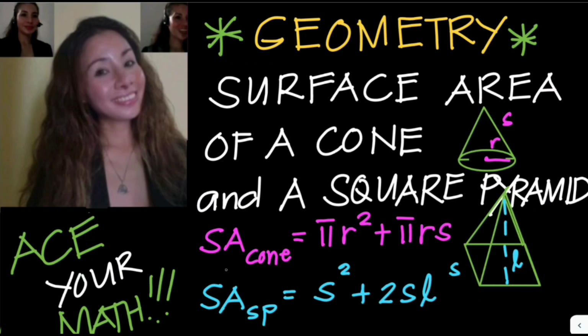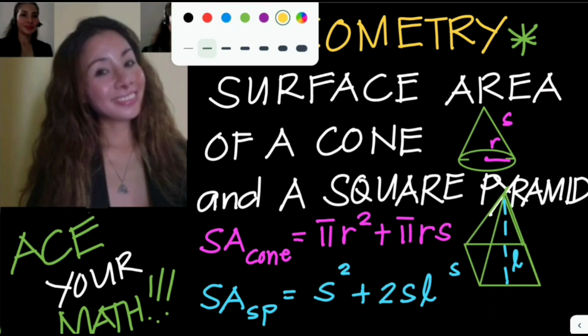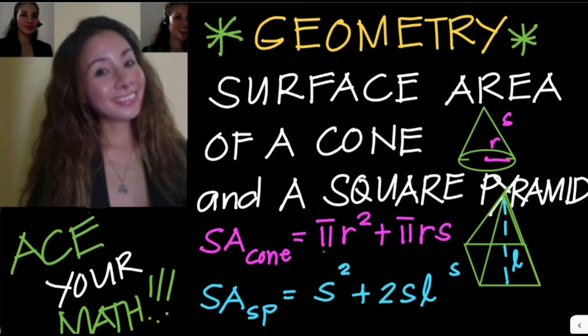The surface area of a cone is equal to the area of the base, which is a circle. Therefore, we use the area of the circle, which is pi r squared. And then the lateral surface area of the cone is just pi times the radius times the slant height.